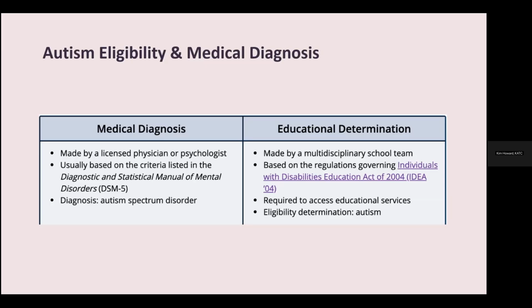The school can determine independently if they have an autism eligibility, and we're going to walk through school-based autism eligibility today. That's our goal. But I felt it was important to say that we can't deny a student a school-based autism eligibility because they don't have a medical diagnosis.